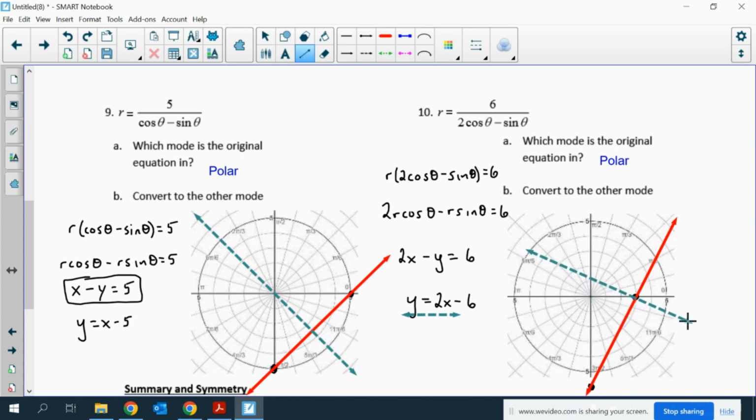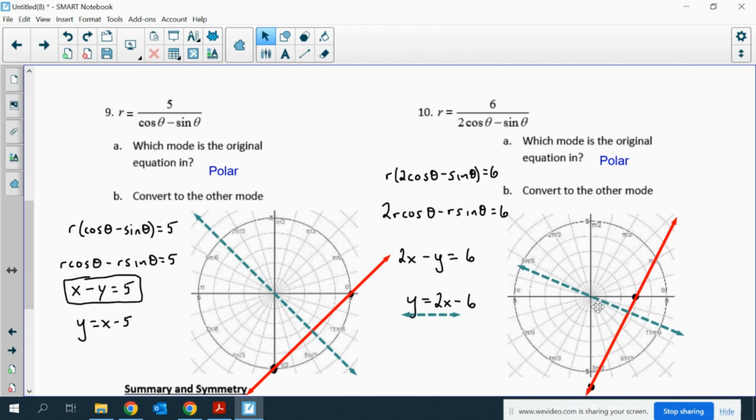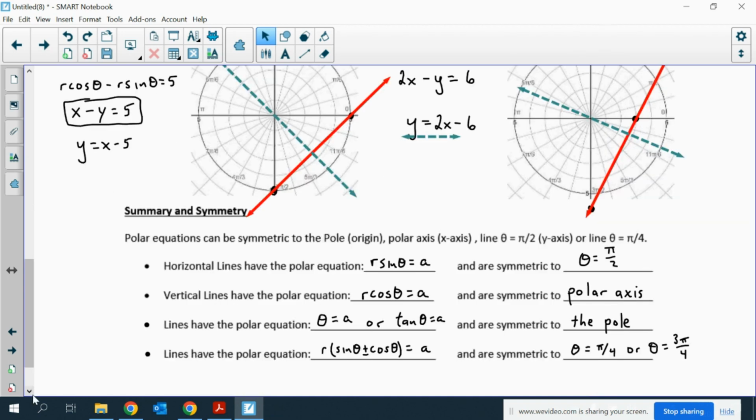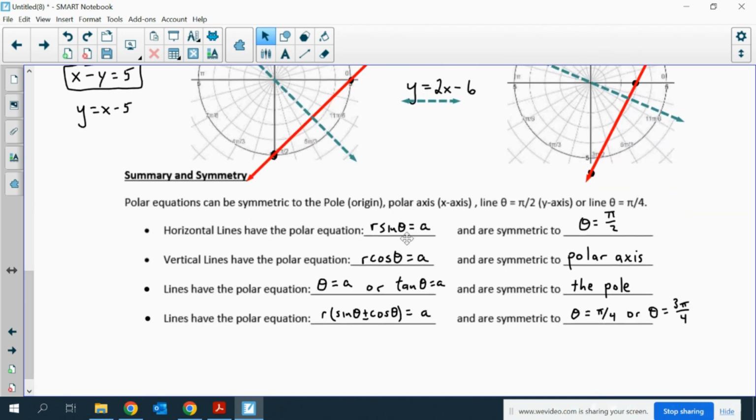Which is not as easy to draw. But it would be something like that, which is a lot harder for us to graph, so we don't actually memorize that one. So here are the 4 symmetries that we have to memorize. Hopefully you got enough practice seeing 10 problems there.